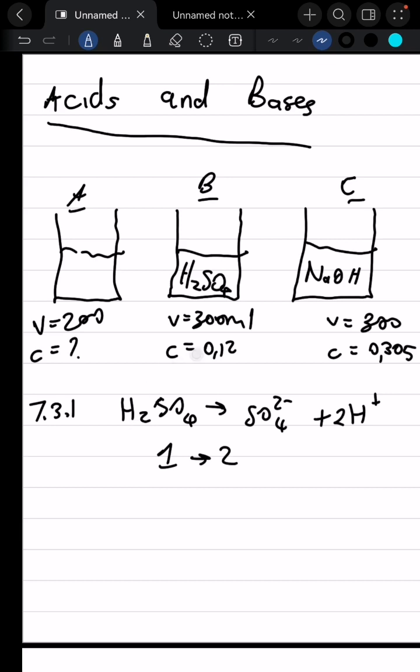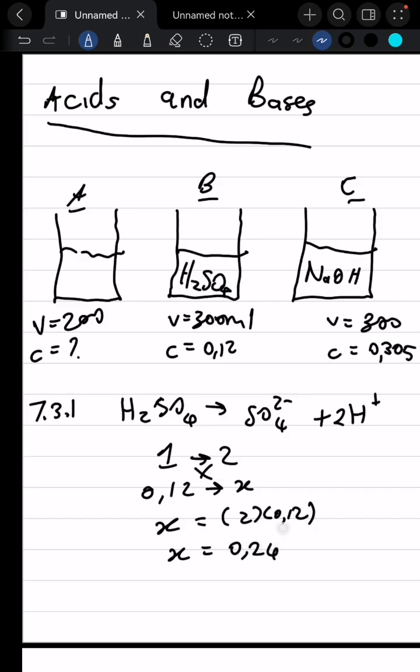Since the concentration of H2SO4 is given as 0.12, I want the concentration of the hydronium ions. So I'm going to cross multiply using the ratio, and then x would be 2 times 0.12, giving us x is 0.24 mol per dm cubed. That is the concentration of hydronium ions, H plus.